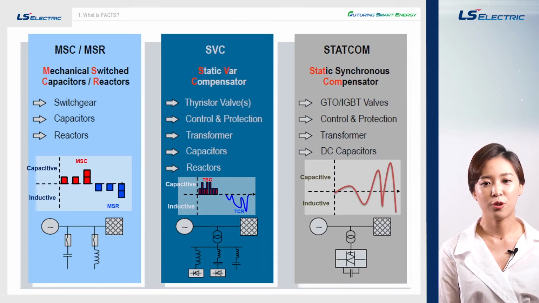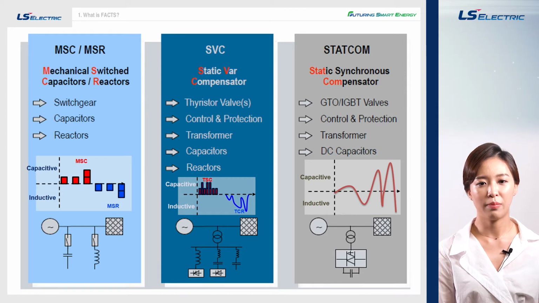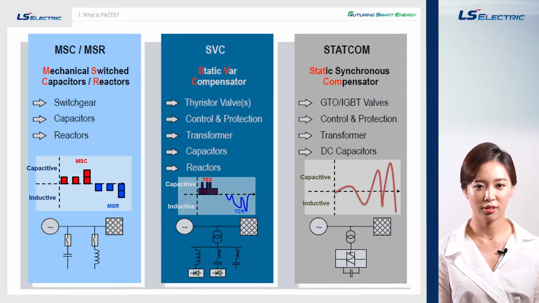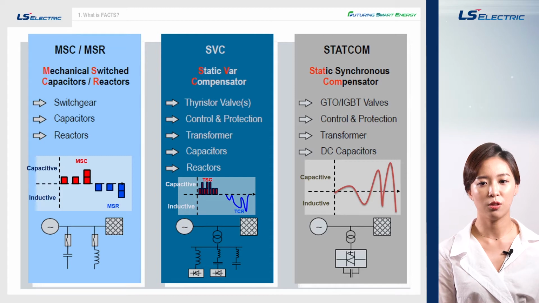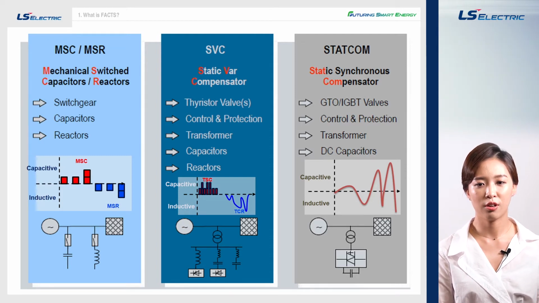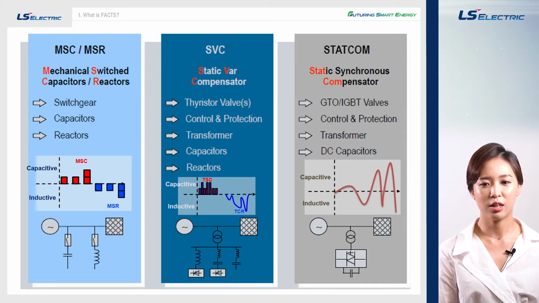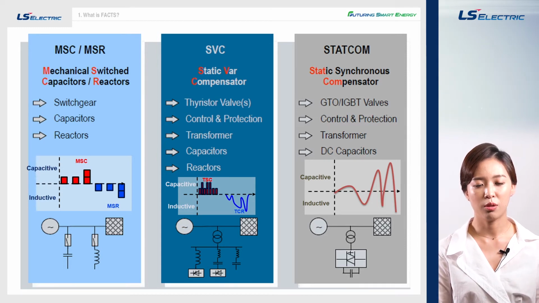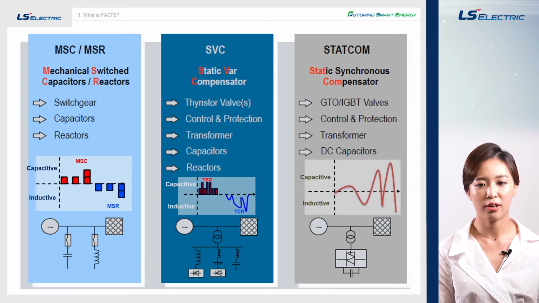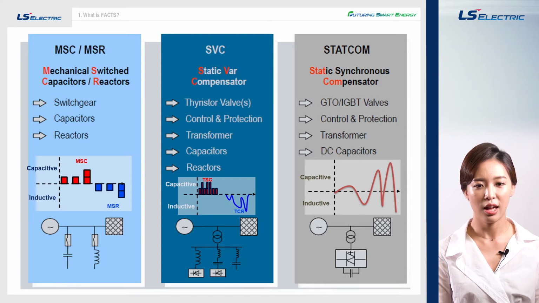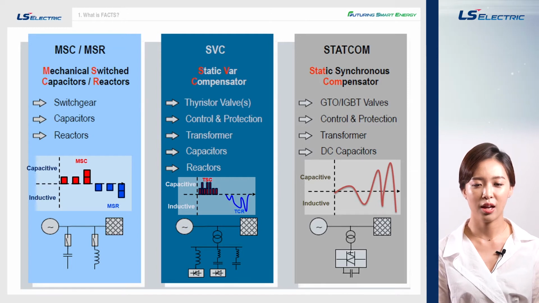So let's look at more details about parallel FACTs with main components of each generation. The first generation is called MSC and MSR. As you might notice with the term mechanical switch, this equipment uses a mechanical switch to connect capacitor and reactor. The maximum capacity is up to 500 megavar, but more installation space is required when the capacity is increased, as it is using passive elements like capacitor or reactor.